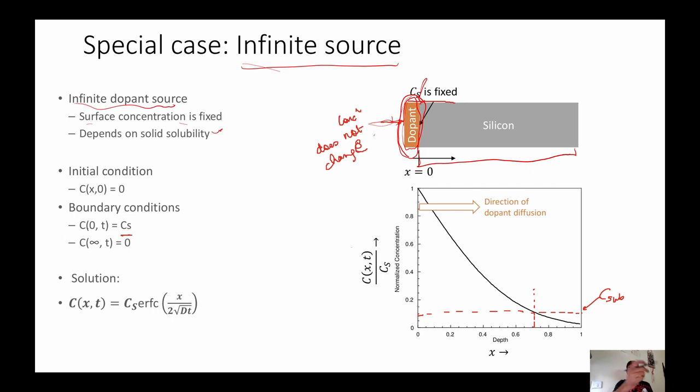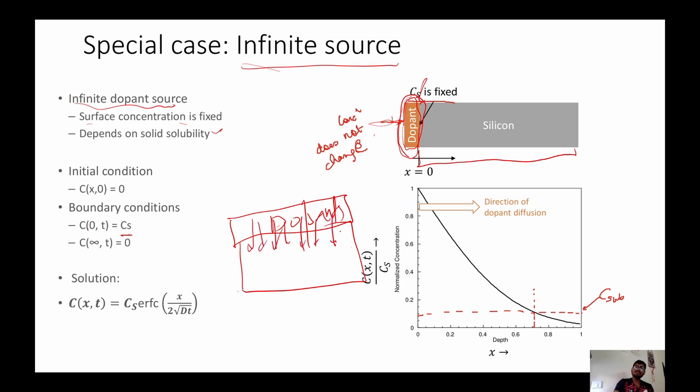Now we will see. This is the silicon wafer, and over it we have kept some dopants. If we raise the temperature, these dopants will diffuse inside. How much dopant can diffuse inside at the surface is limited by the solid solubility, CS, the solid solubility of the dopant in the silicon crystal.